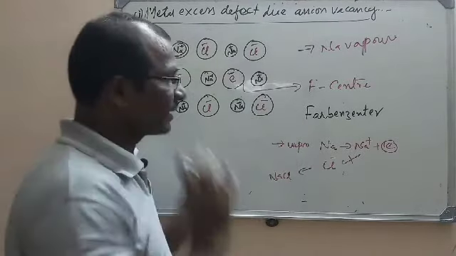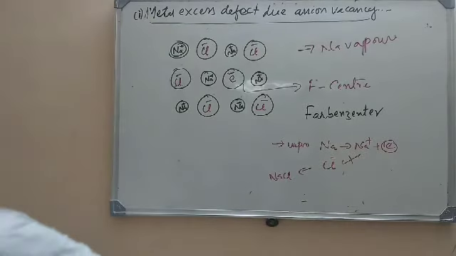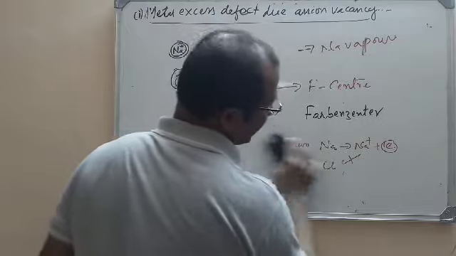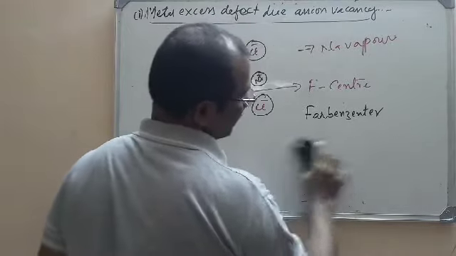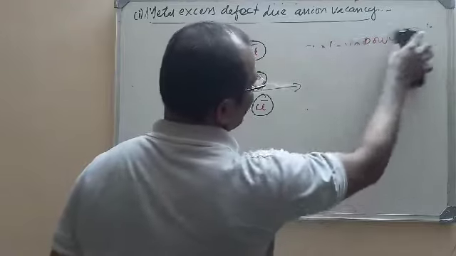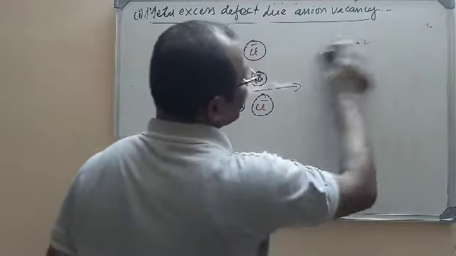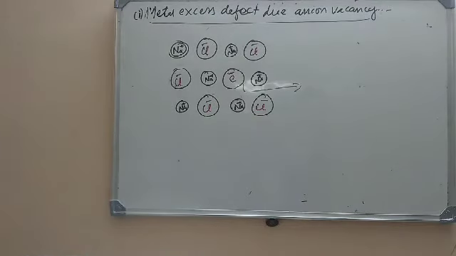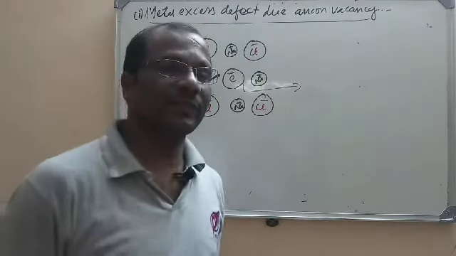But why is it called an F center? So what is this defect? It is the defect in which some anions leave their vacancy by moving onto the surface, and these vacancies are occupied by electrons. These electrons are called F centers.